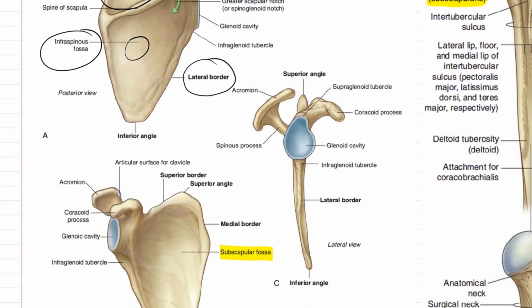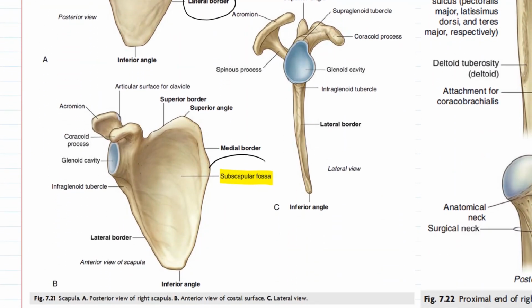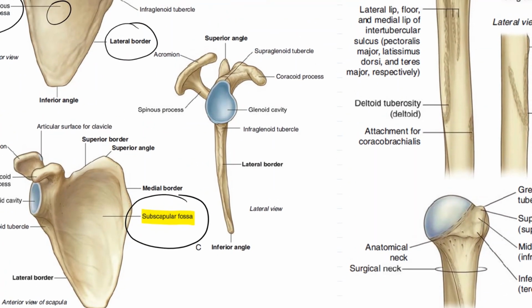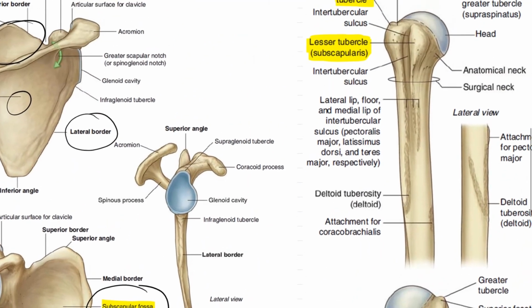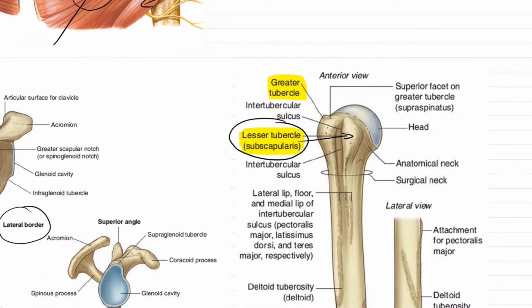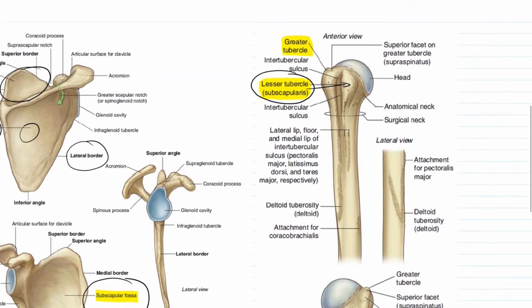Its origin is right at the subscapular fossa, on the front side, and its insertion is the only one of the rotator cuff muscles at the lesser tubercle, located right here, a little more anterior than the greater tubercle, which is a little more lateral in this right humerus.